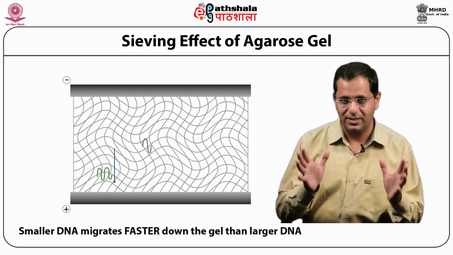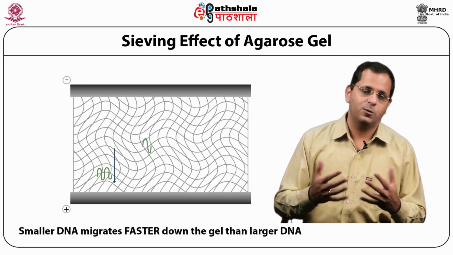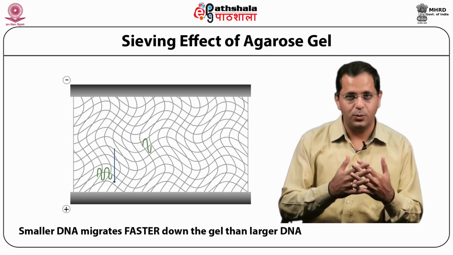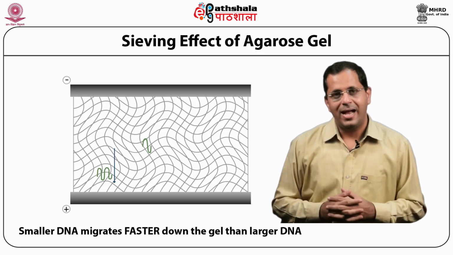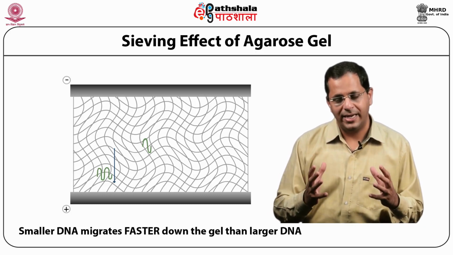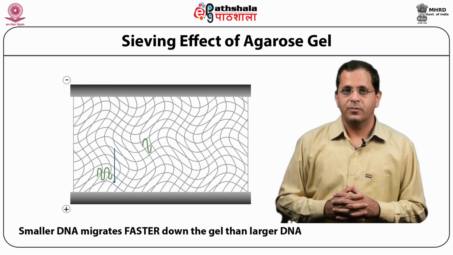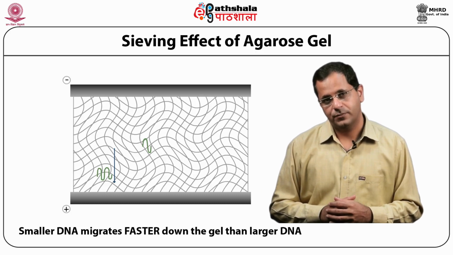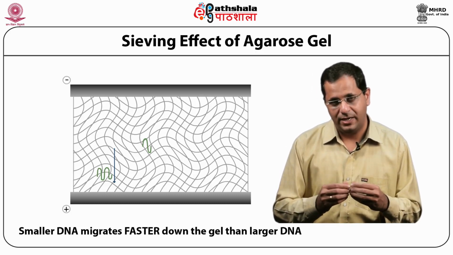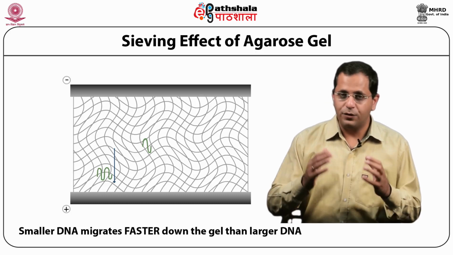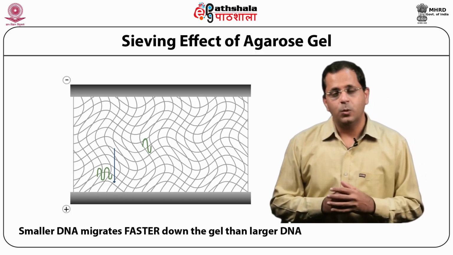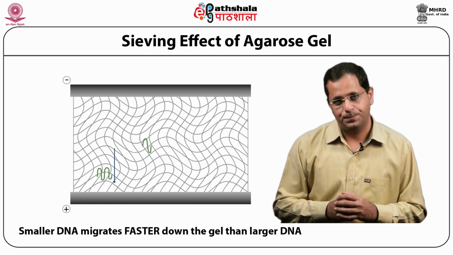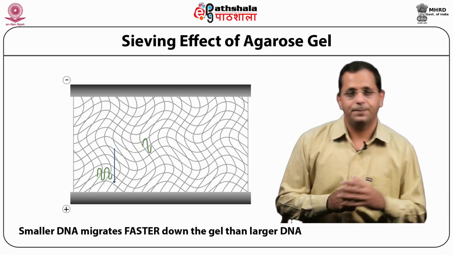In much the similar way is the sieving effect of the agarose gel. You have this particular polymer that is forming the meshwork or the net, and because all the DNA is negatively charged, the varying thing would be the charge to molecular weight ratio. So, that particular DNA fragment, which is our 100 base pair fragment, would find it very easy to seep into the channels and pores formed by the agarose and reach the other end.